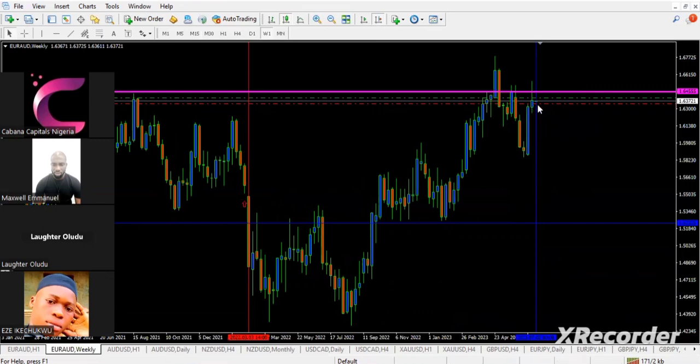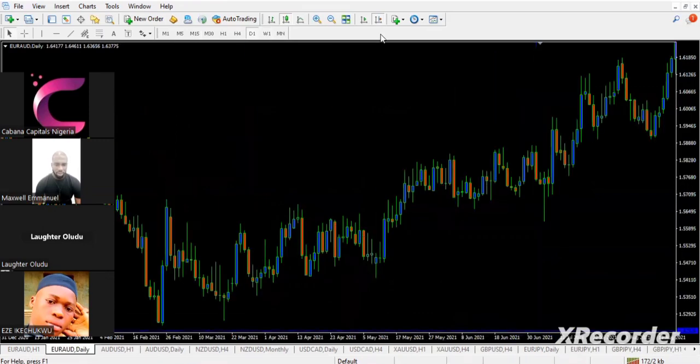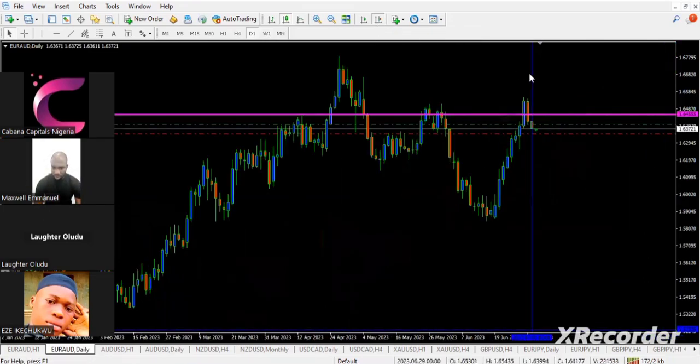This is a shooting star. And on daily, let's see what we have. Last Friday's candle was bearish. So these guys might hit my stop loss.